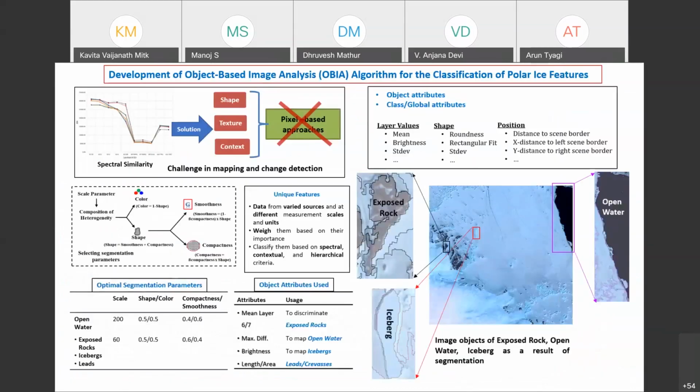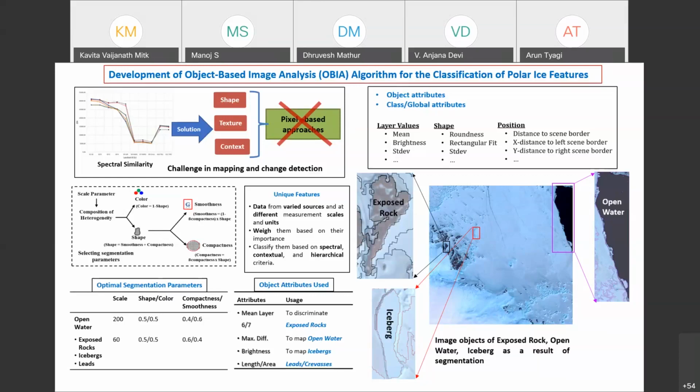this one algorithm we have developed at SAC, and it is basically using optical data, but eventually we have already started this work on SAR data also. We have developed an automatic object-based classification algorithm for classifying the sea ice types, or you can say polarized features, and this is not a pixel-based approach.